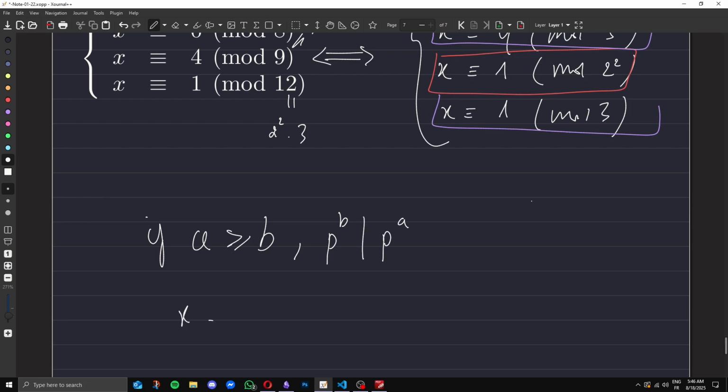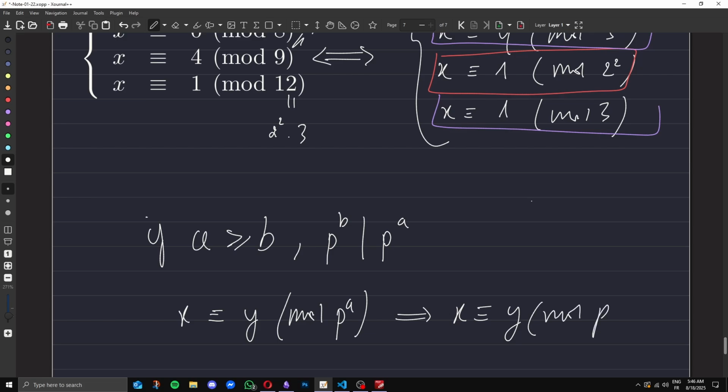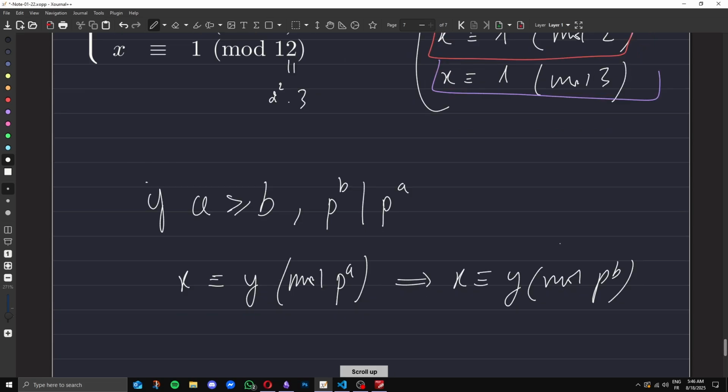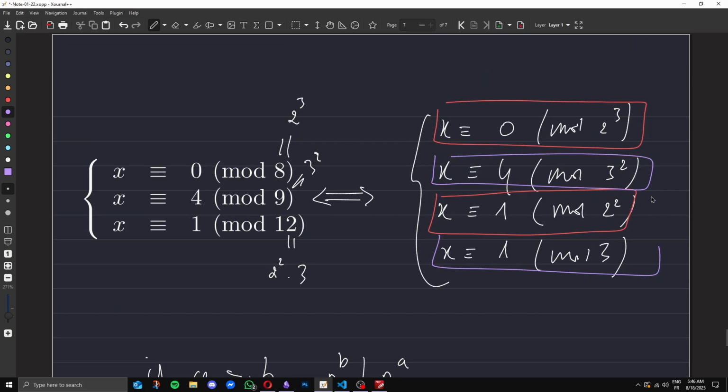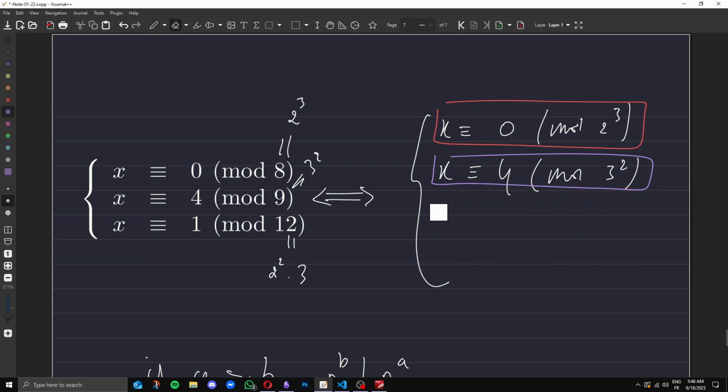So if we have x congruent to, let's say, y modulo P to the A, this implies that x is congruent to y modulo P to the B. So this means that we can just leave the one with the highest power. The rest are redundant. So in this case, we're going to remove this one, and in this case, we're going to remove this one. So we are left with actually less than what we have originally.